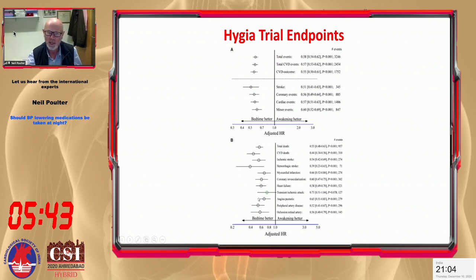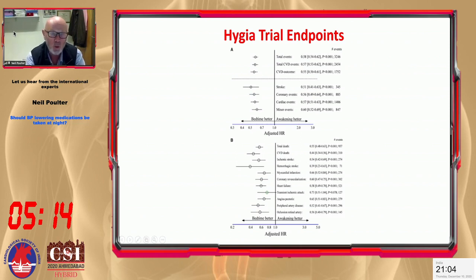These are broken down in the bottom half of the slide to all the different types of cardiovascular events, and they're all significantly different, all between 60 and 40% benefit associated with giving the tablets at night. Not time to show you, but if you look at the subgroups in this trial, every single subgroup had these huge benefits in cardiovascular outcomes.